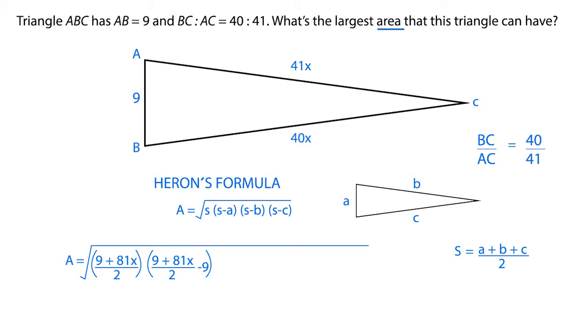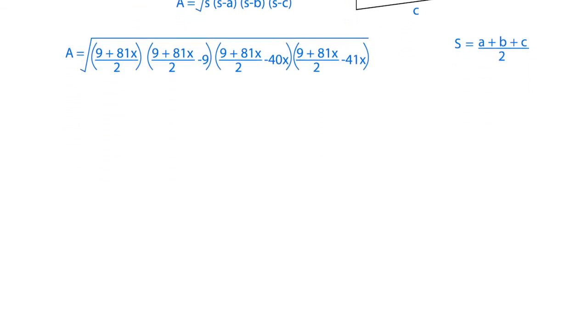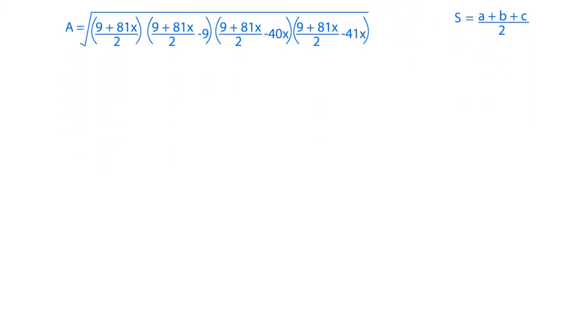Then s minus b, so again (9 plus 81x) over 2 minus b, and I'll let b be 40x. And then finally s minus c, which is (9 plus 81x) over 2 minus 41x. And that's all under the square root sign. So this is the formula that we are going to deal with.